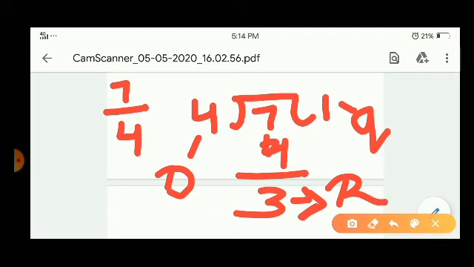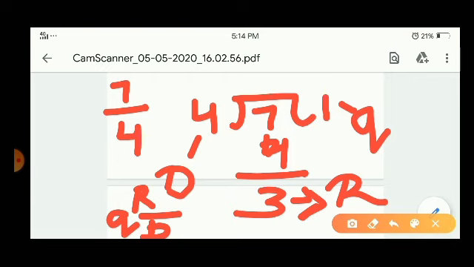What you have to do is very simple. Just learn one thing, which is Q, R and D. It means Q is a quotient, R is a remainder, D is a divisor. It means you have to write quotient as a whole number, R as a numerator, and divisor as a denominator.